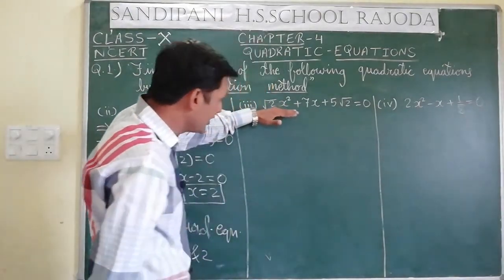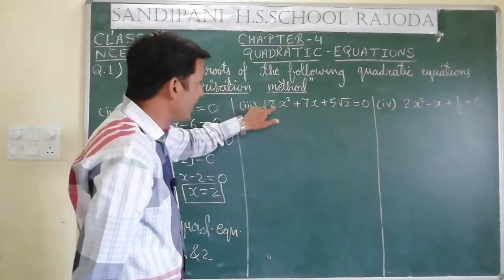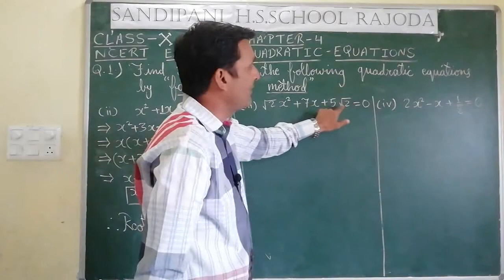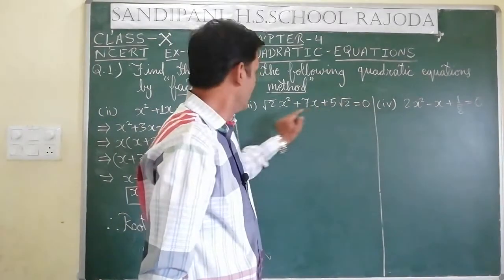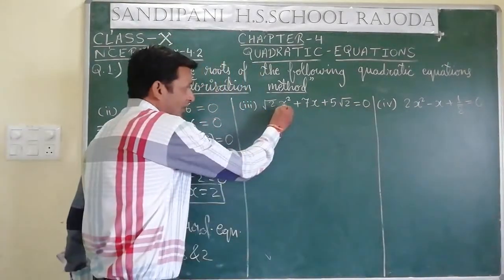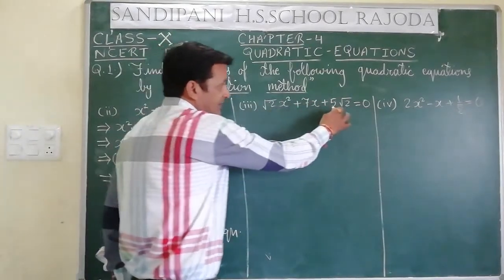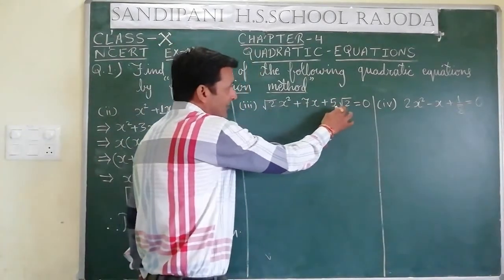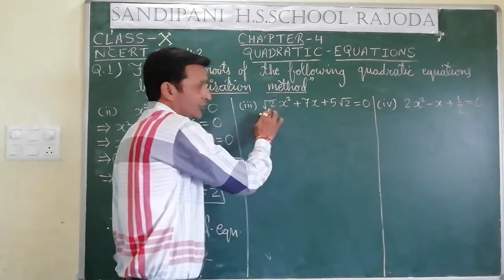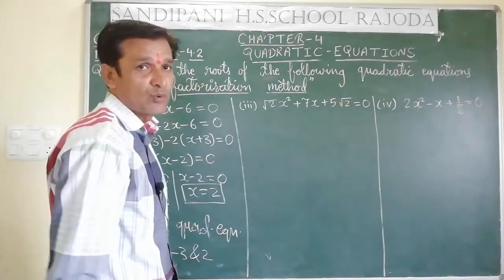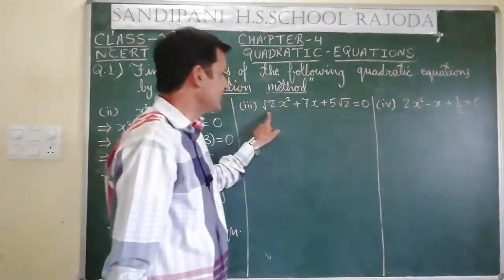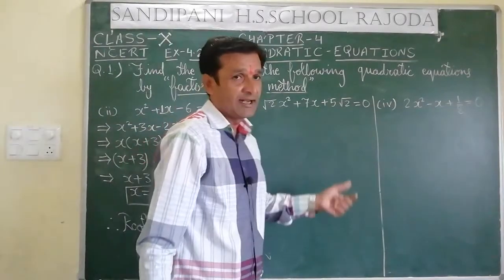If you have any coefficient of x square, then it should be multiplied by this constant quantity. If you multiply 5 root 2 with root 2, then root 2 into root 2 is 2, and 5 2s are 10.